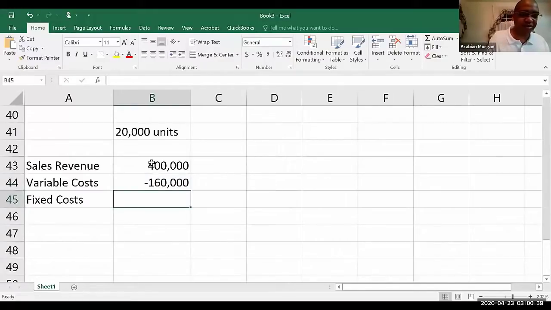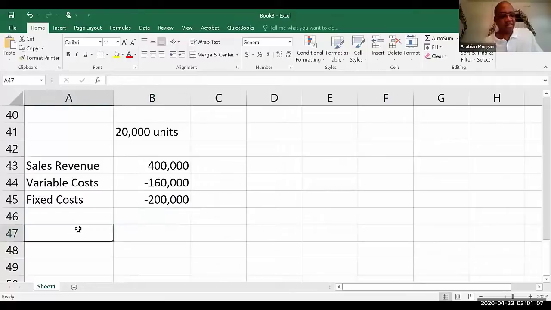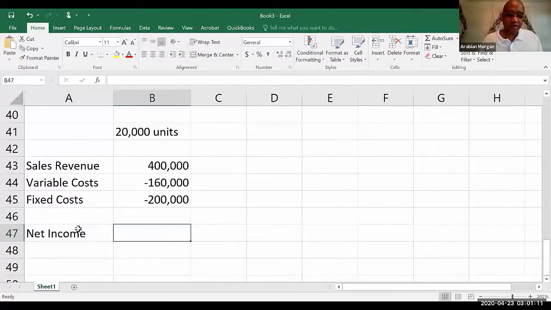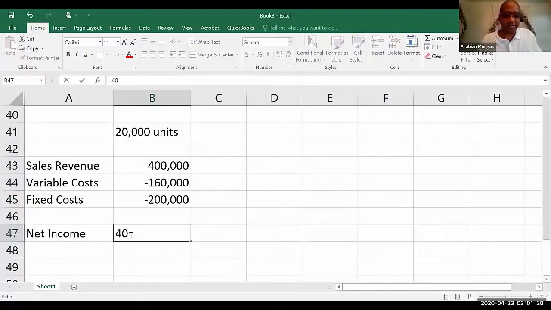The fixed costs are 200,000. I'll write that in as a negative number. So that gives us net income of, is that 40,000 there? I believe so. Net income here is $40,000.